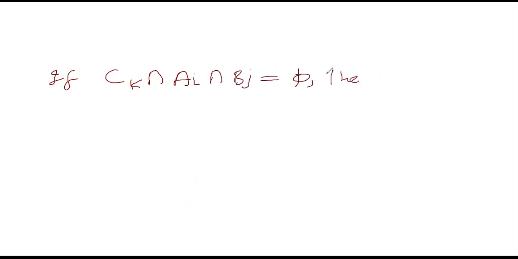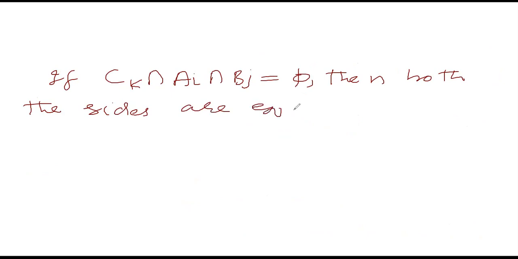If Ck intersection Ai intersection Bj is empty, then both sides are equal to 0.